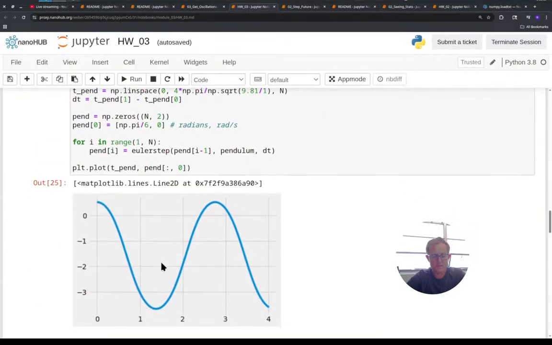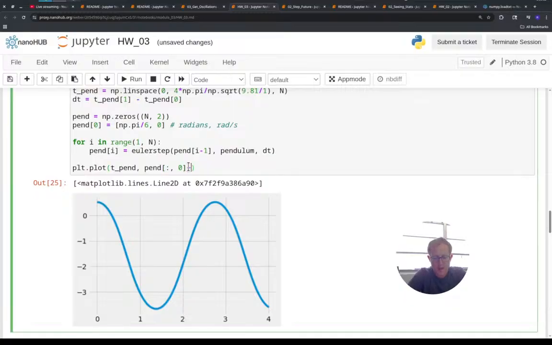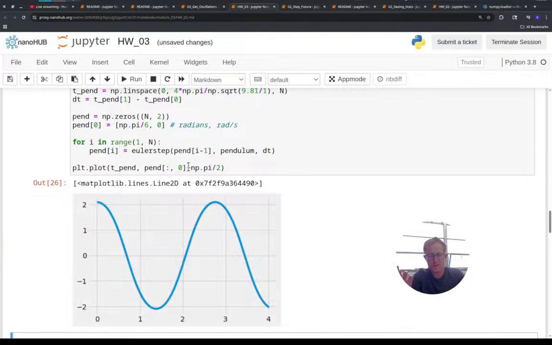And really what I could do is take this whole thing and add np.pi/2, just rotate it, and sure enough, now I'm oscillating through theta equals 0. It's just this is not pi over 6 anymore. This is pi over 2 plus pi over 6.